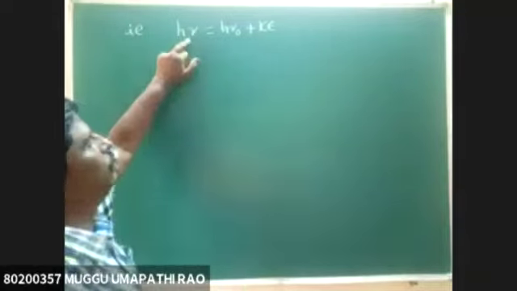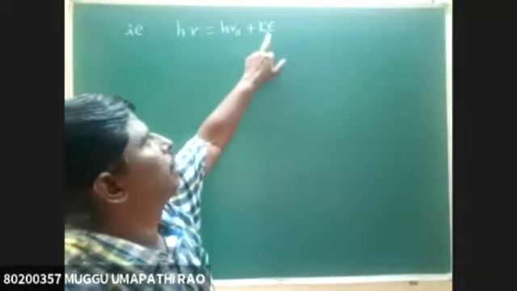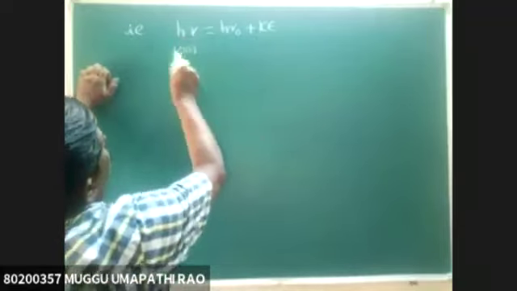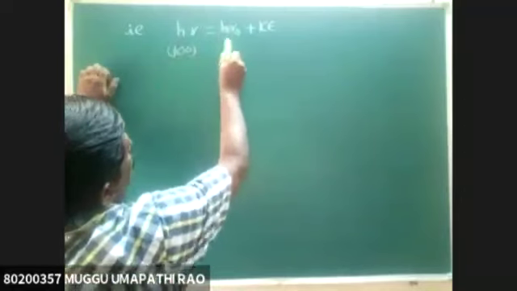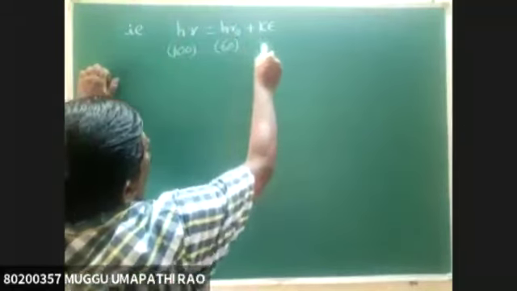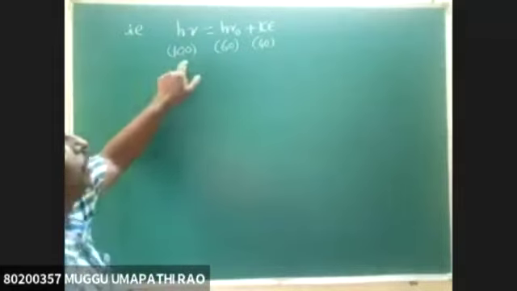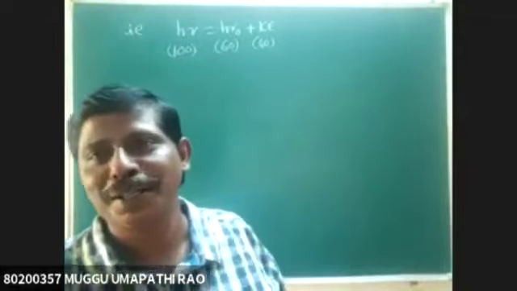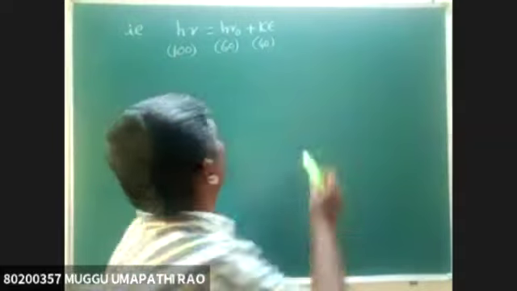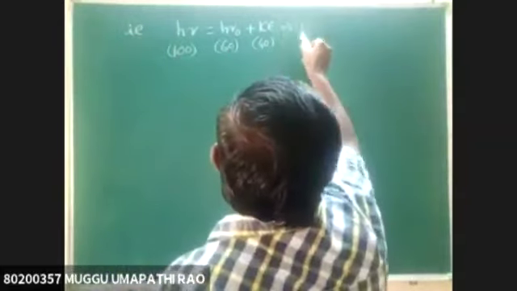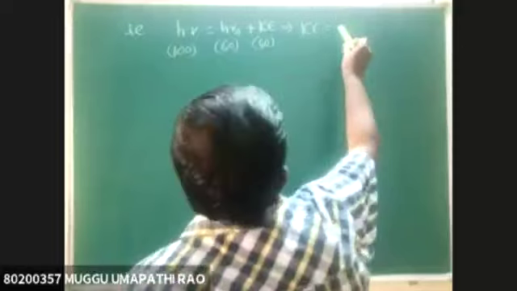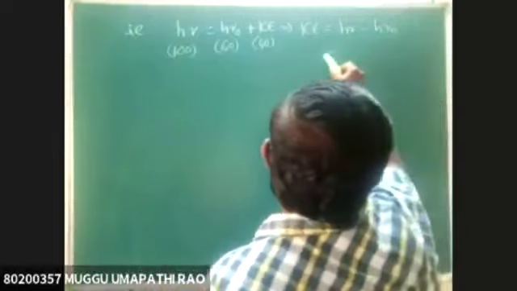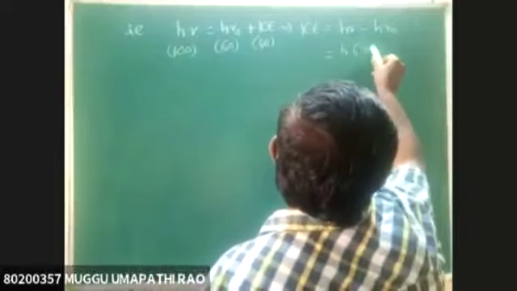This is the energy of the photon. This is the work function. This is the kinetic energy of the photoelectron. The 100 is taken by the electron. The electron uses some energy for the work function. 40 rupees is nothing but kinetic energy. For the discussion, don't write these values in the examinations. For the sake of our convenience, I have written those numbers. Now from this, I am going to write like this: kinetic energy of the photoelectron is equal to h nu minus h nu naught. So, taking h common, it is h into nu minus nu naught.